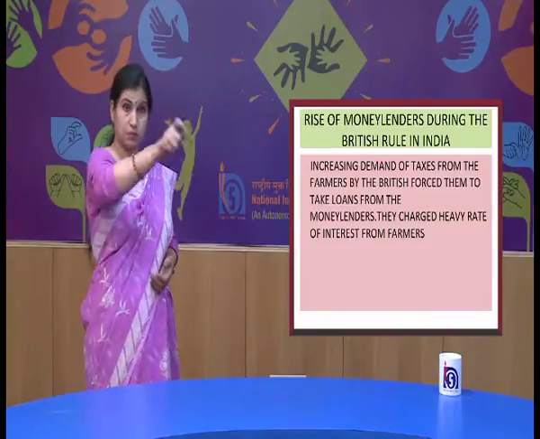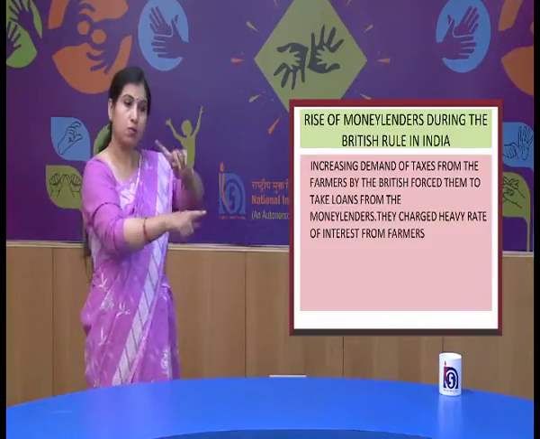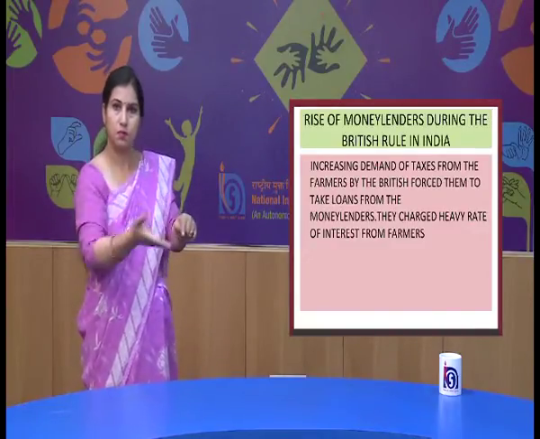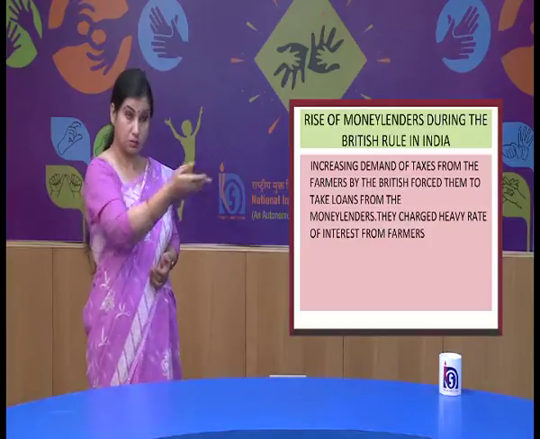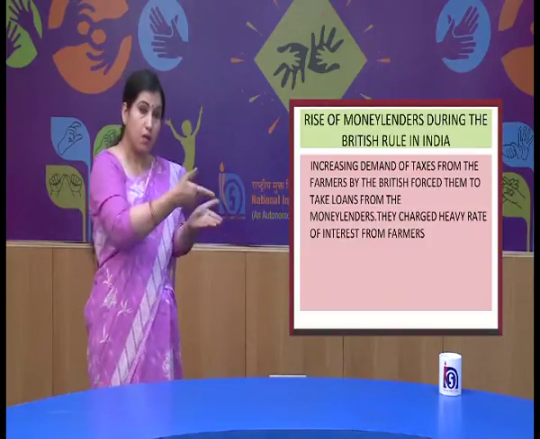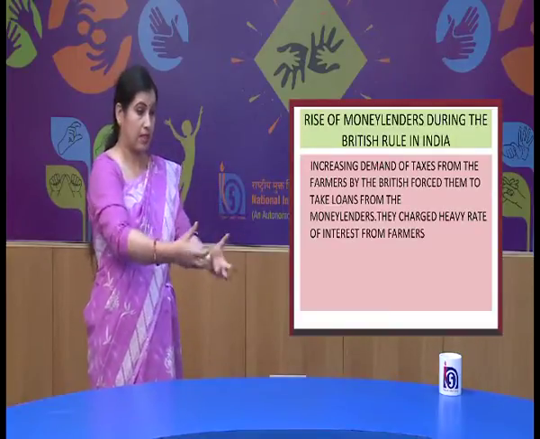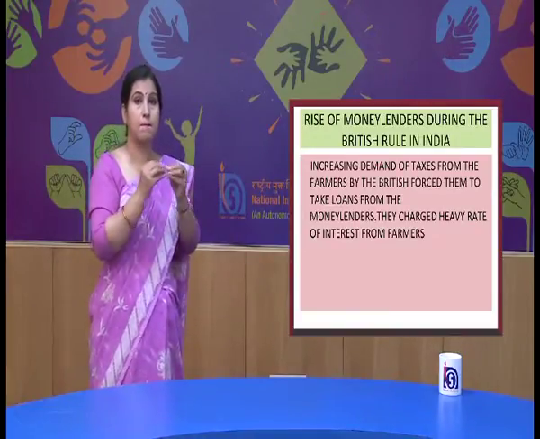Those people charged very high rate of interest from the farmers. In most cases the cultivators failed to pay the loan and their land passed into the hands of the money lenders.